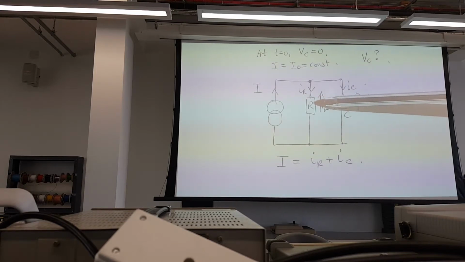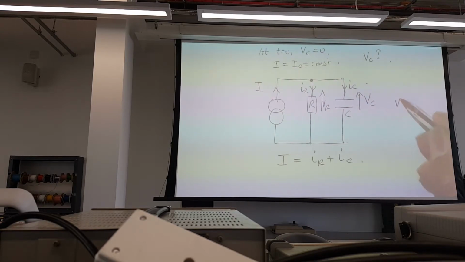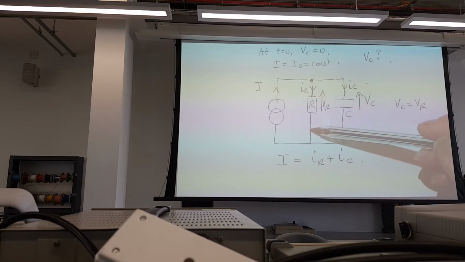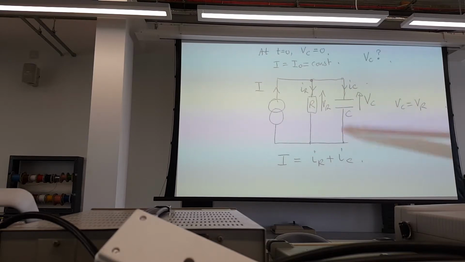Now as the capacitor voltage increases because there's current flowing in it, the voltage across the resistor increases because they're both the same. Don't forget, VC equals VR here. As that increases, the current in the resistor increases until it's equal to I naught, and then no more current flows into the capacitor. The capacitor voltage is fixed. That's what's going to happen.